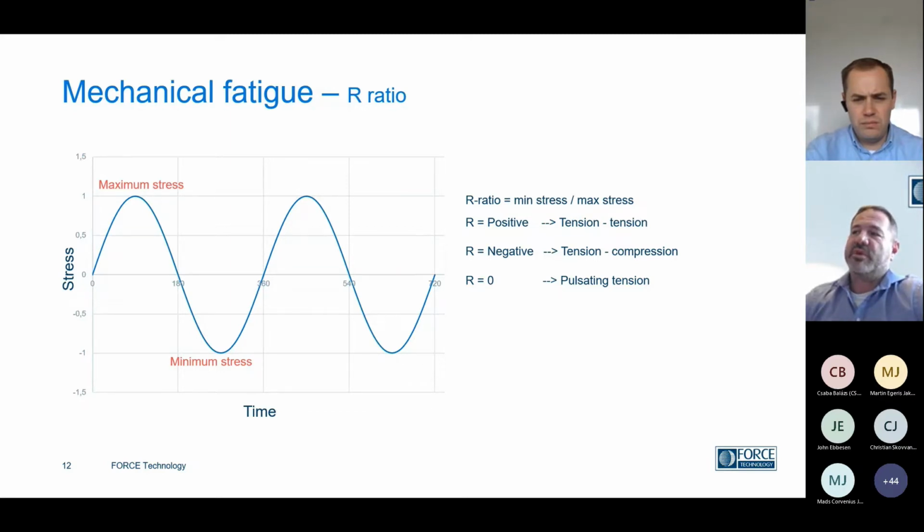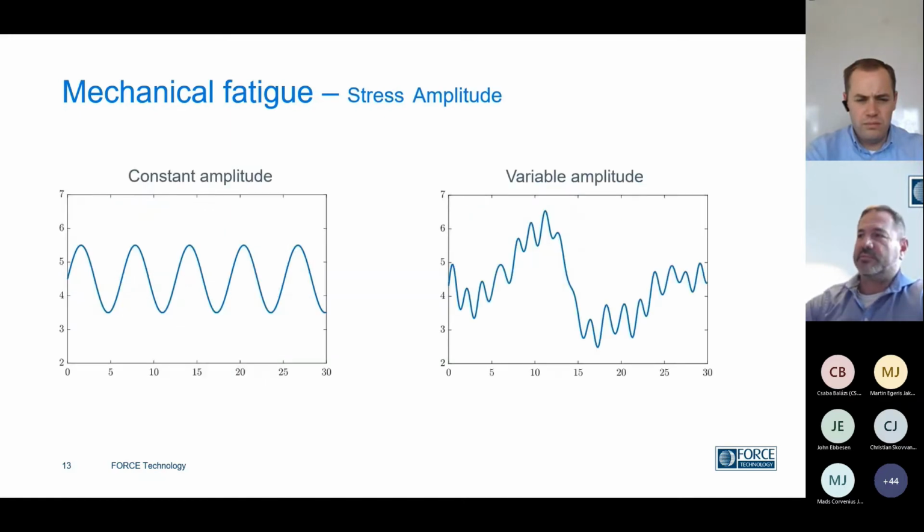So if your minimum stress divided by your maximum stress is positive, then you have a tension test. If it is negative, then you have a tension compression test, and if the R ratio is 0, then you have a pulsating tension load condition. And we'll see now what that means.